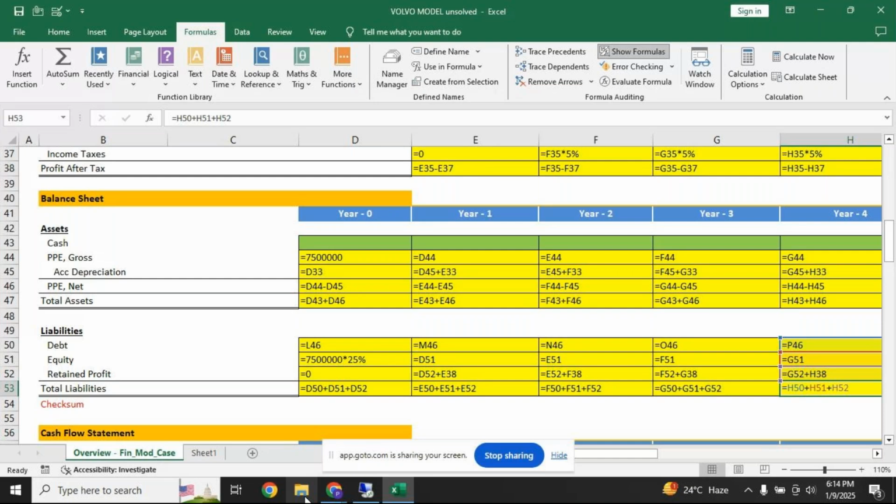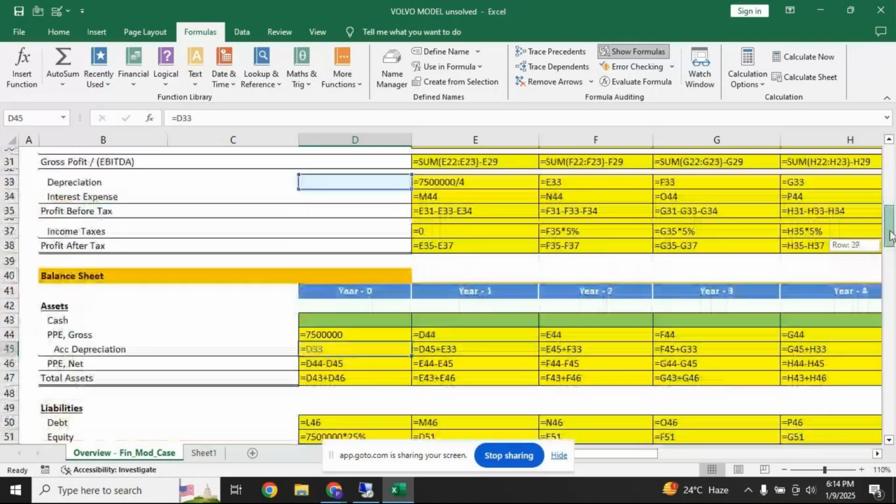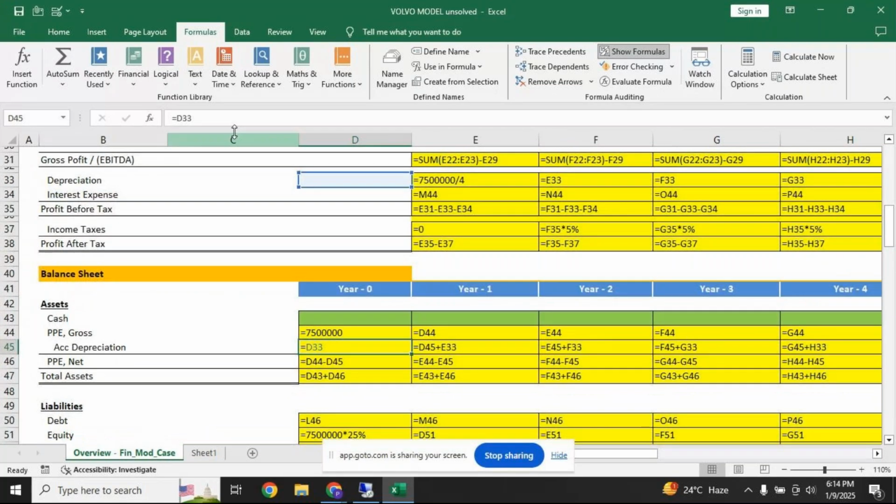Which one? Accumulated depreciation. Yes, ma'am. So here accumulated depreciation means we are taking the depreciation value. Depreciation means, on what are we taking the depreciation? We are taking it on the bus. The useful life of the bus is 4 years, they are telling.